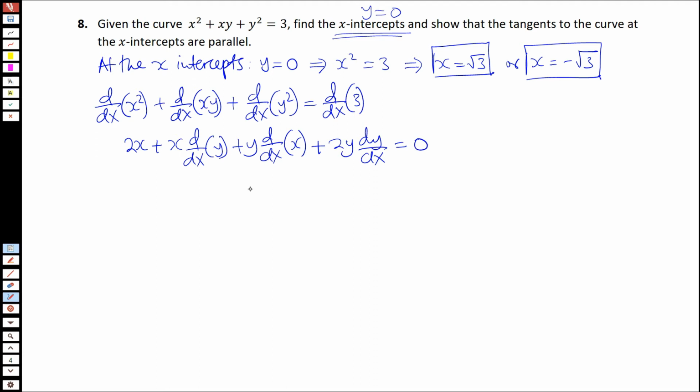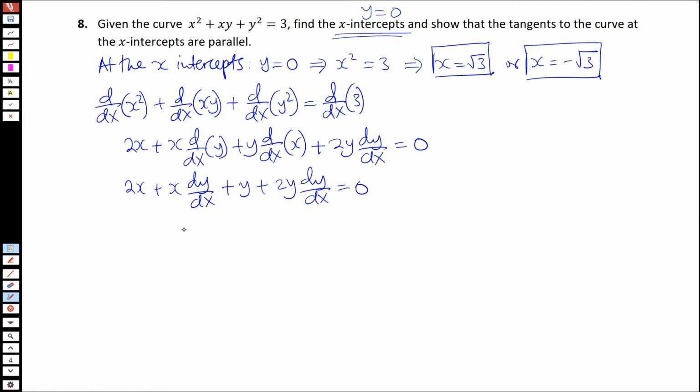All right, so let's simplify this. So that will be 2x plus x dy over dx plus y plus 2y dy over dx should be equal to 0. Now what we have to do is to move this to the right and factorize.